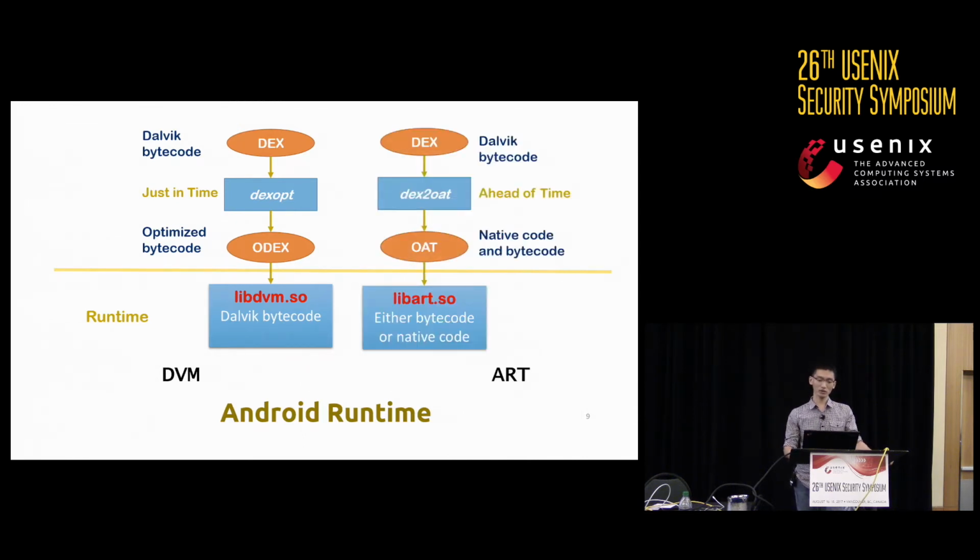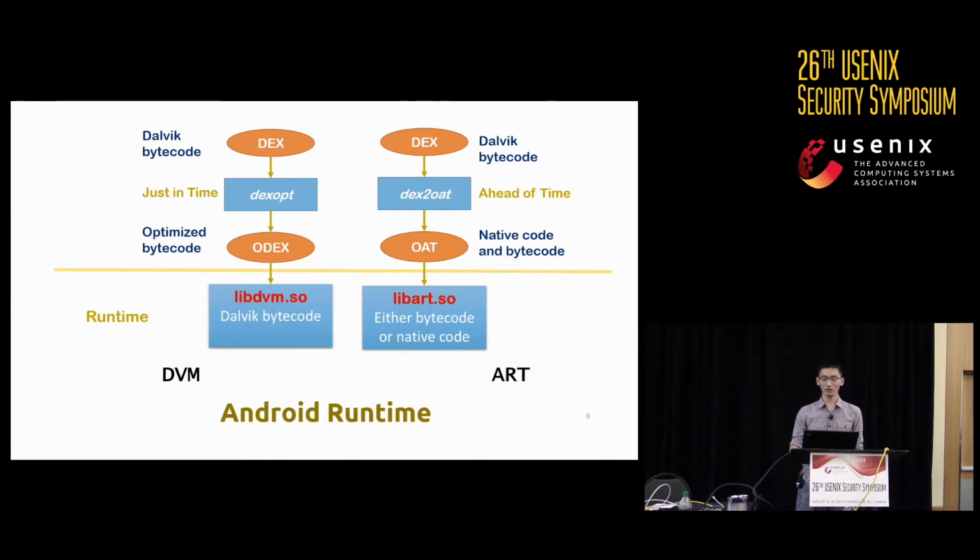ART becomes the default runtime from Android system 5. When the app is installed into the Android system running ART at runtime, its dynamic bytecode will be compiled into native code by dex2oat.